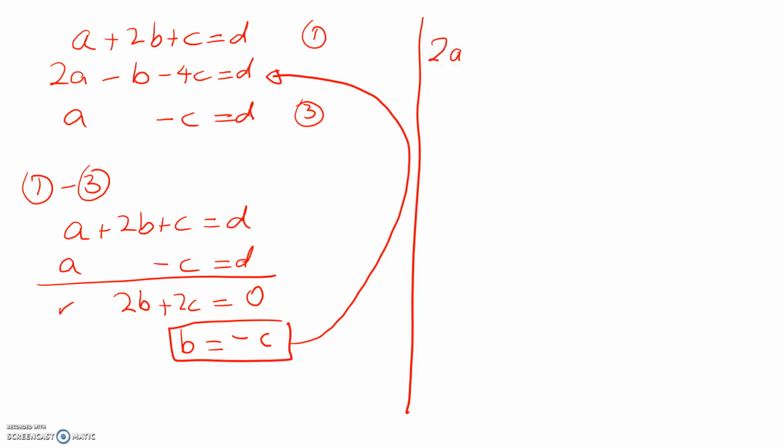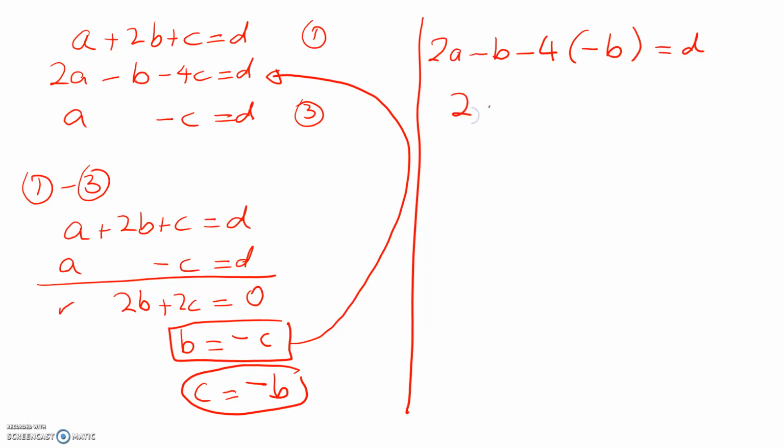2A minus B, I'm going to keep everything in terms of A and B now. So get rid of the C, minus B, minus 4, also C is equal to negative B. So minus 4 times negative B is equal to D. So that gives me 2A minus B plus 4B, so plus 3B is equal to D. Now what?